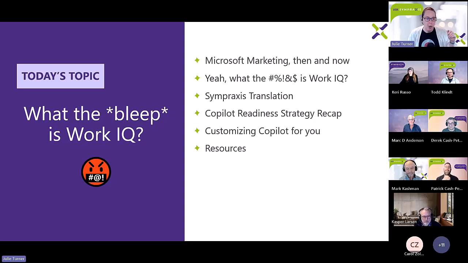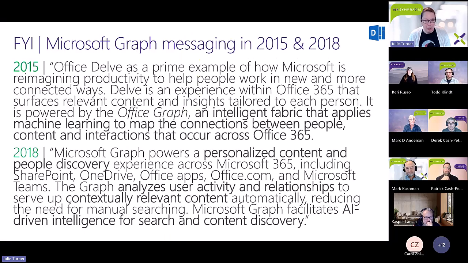Then Patrick's going to hit a Copilot readiness recap, and then Mark Anderson's going to hit some customizing Copilot for you, which is something we did glean while putting this together: a lot more detail about customizing Copilot, which is newer to the product. So let's jump in. Mark Cashman, take it away.